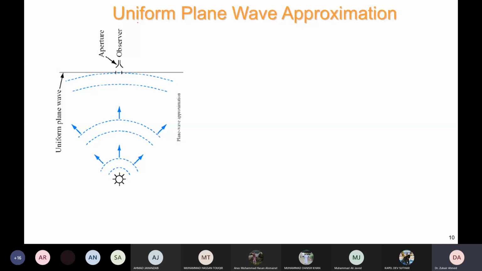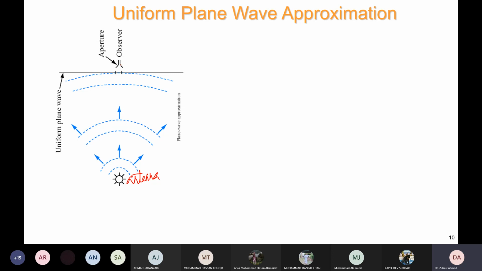We will use a uniform plane wave approximation, which I explained in the previous lecture. If we have a radiating antenna, it will radiate a spherical wavefront, but when the observer is far from the antenna, let's say this is a radiating mobile tower, and you are here with your mobile phone, so you are very far from this mobile phone tower.